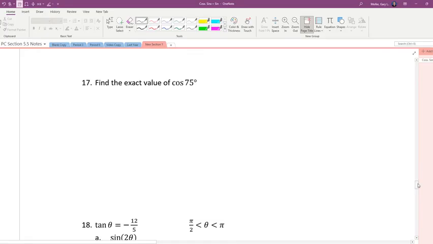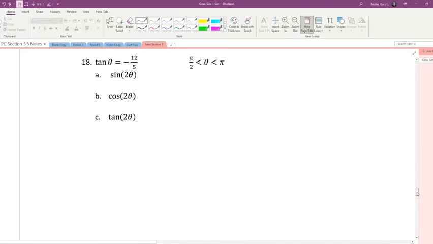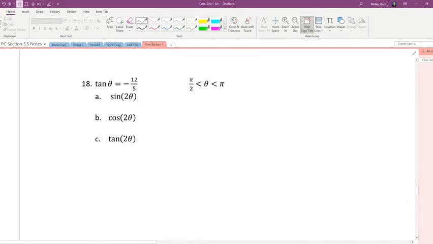All right, number 18, looks like we have some double angle formulas. What are they telling me? That the angle in question, theta, is between pi over 2 and pi, so it's in quadrant 2.